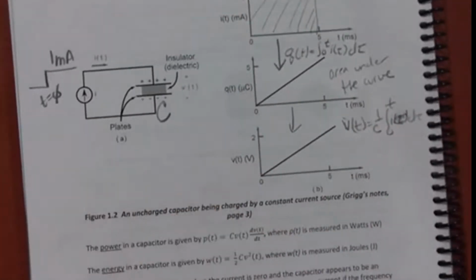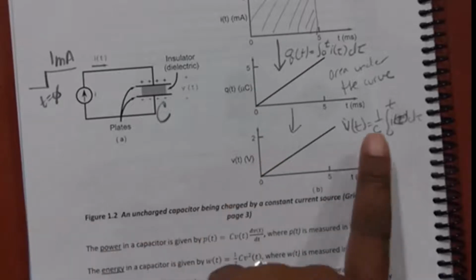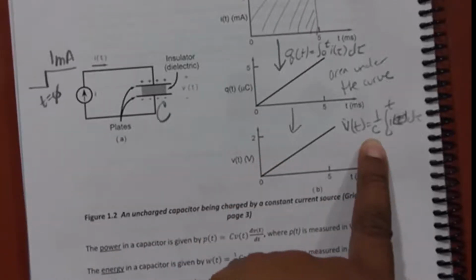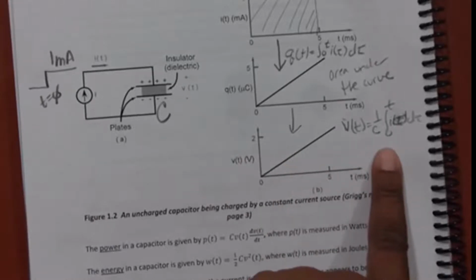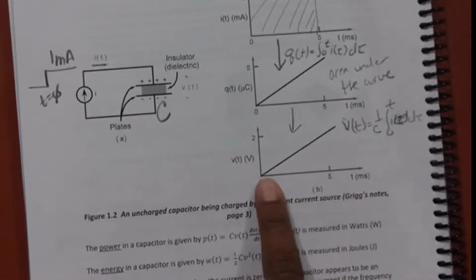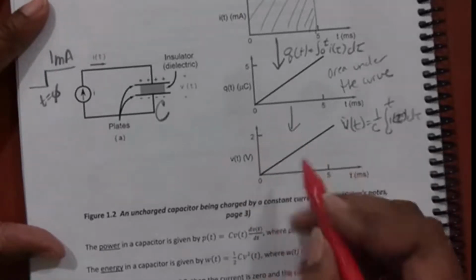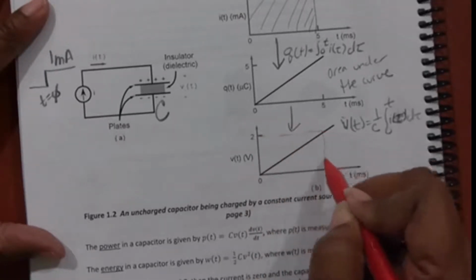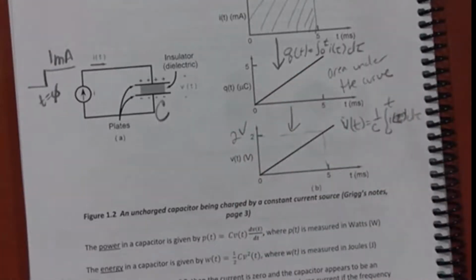So what this represents is I've now scaled this graph by dividing it by the value of the capacitor to get the voltage. So now, instead of peaking at 5 microcoulombs, it peaks at 2 volts. So if it peaks at 2 volts, what is C?